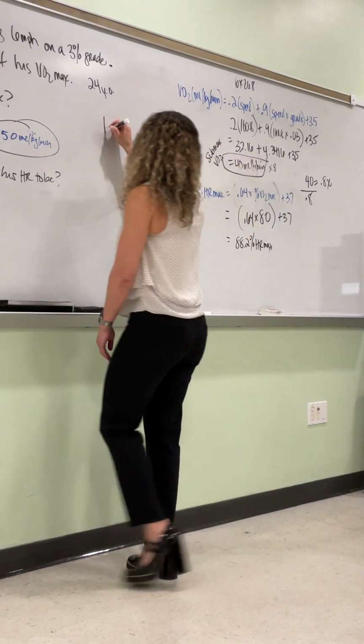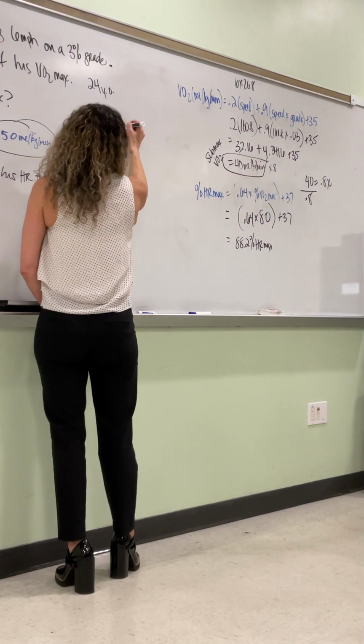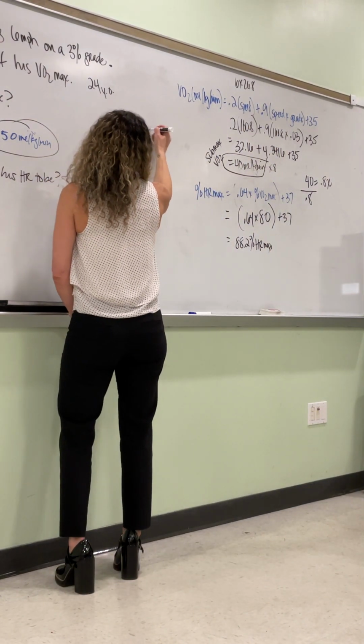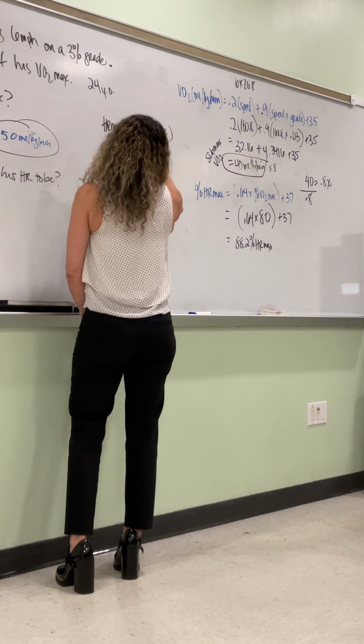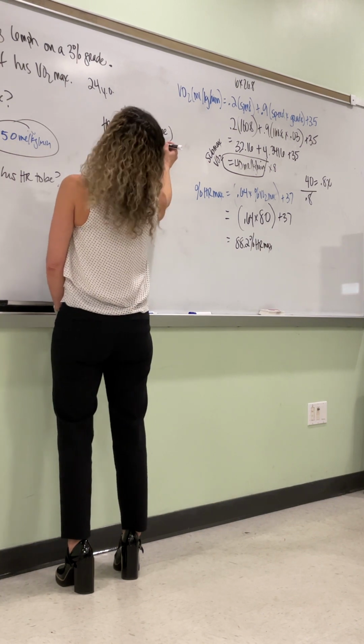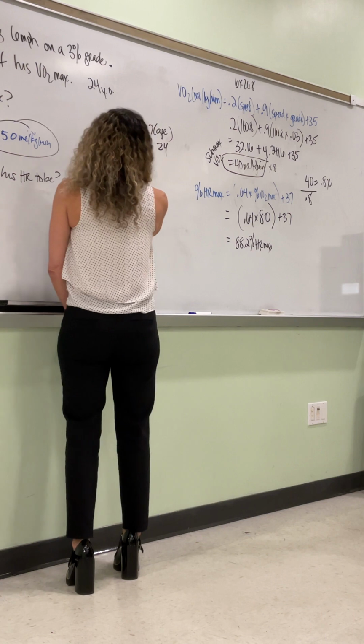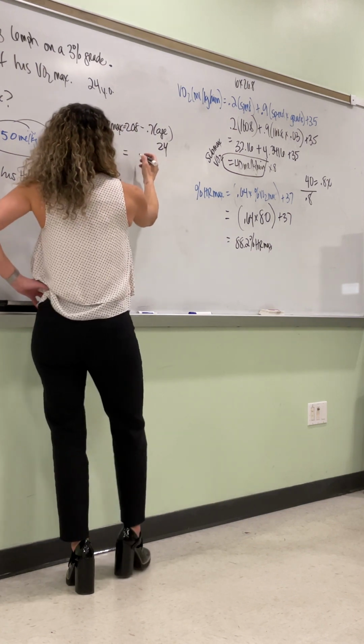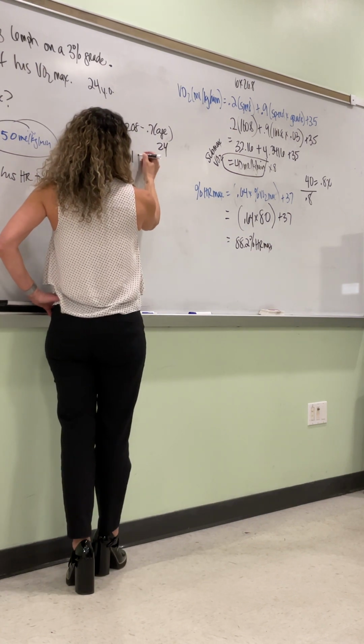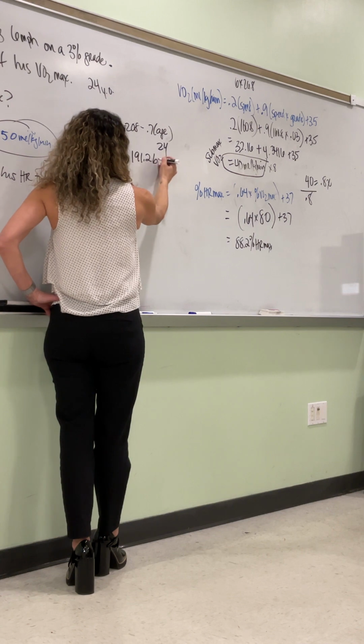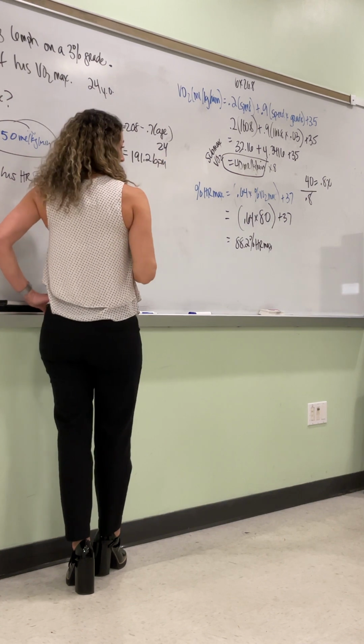What's the formula? So 208 minus 0.7 of H. So we're gonna plug in 24 here, and what do we get? 191.2 beats per minute, heart rate max.